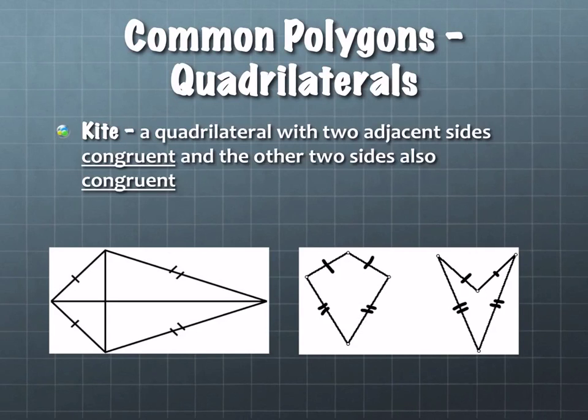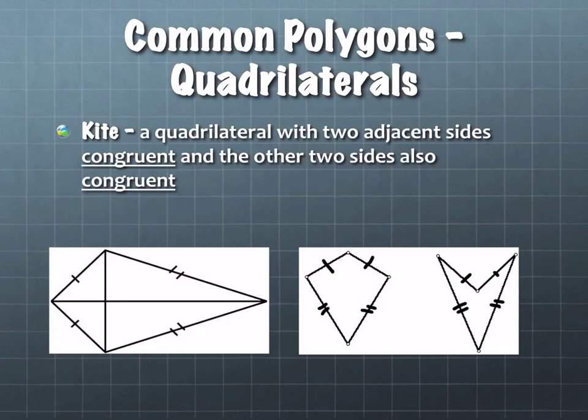Now, is it concave or convex? No, concave. This one's concave, right? Because I could draw a line segment that connected two pieces of it and it goes outside the figure. So this one is a concave shape. But the definition doesn't require that it be convex for this to work. All right? So that would also be considered a kite.